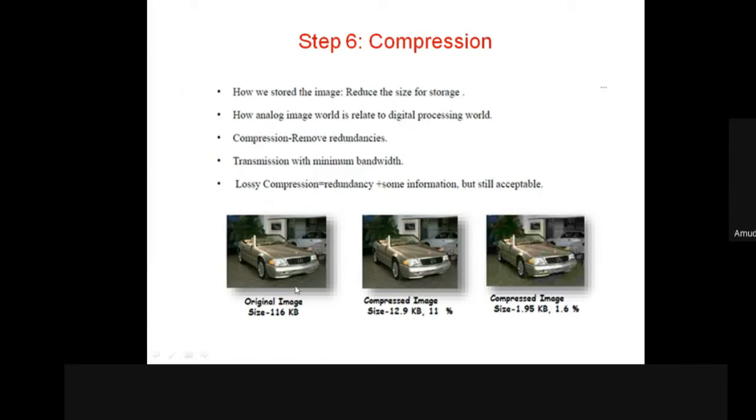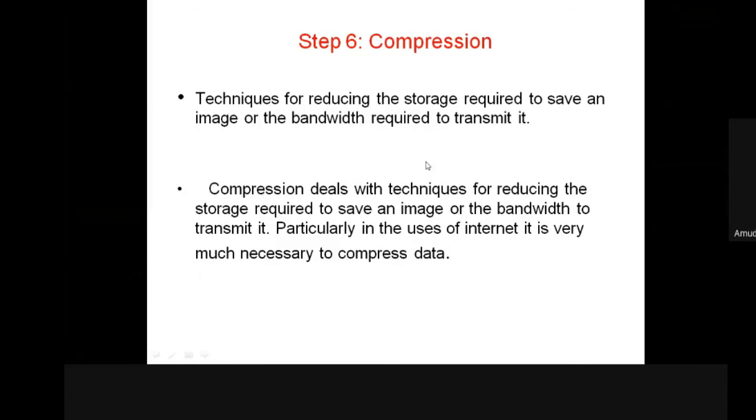For example, here the original image is 116 KB. In the second picture, it is reduced to 12.9 KB. And again, the third picture is reduced to a smaller size, 1.95 KB. Okay. So what is the importance of compression? We reduce the size to save the data so that if you want to transmit, you can transmit in a lower or minimum bandwidth.